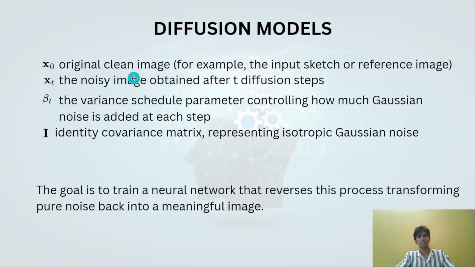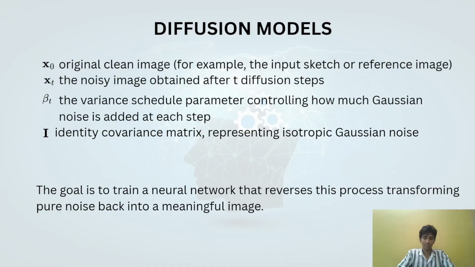x0 is the original clean image, which is the input sketch that I first give to the model. xt is the noisy image obtained after t diffusion steps, as I explained. Beta t is a variance parameter controlling the amount of Gaussian noise added at each step.